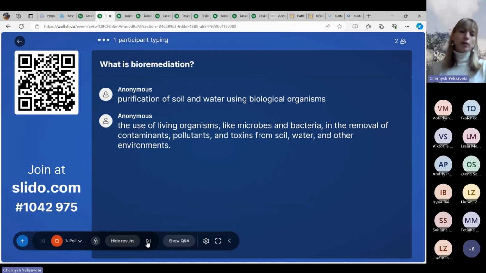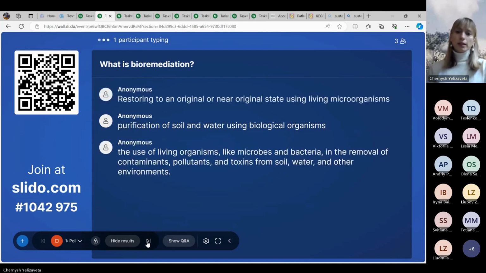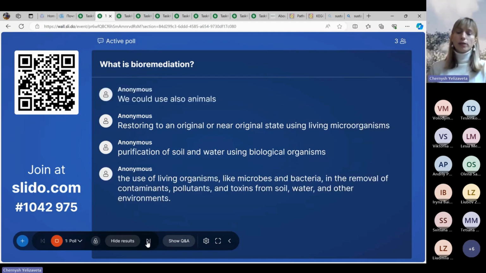Okay, because it's really different. Opportunities can be discovered in bioremediation, and mostly restoring to different living organisms can be used for this. It depends on some methods that we can use.